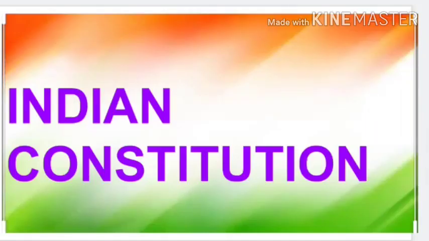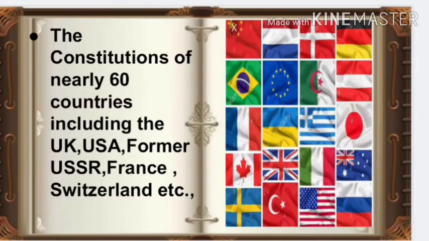Now let's see how they formed the Indian Constitution. The Constitutions of nearly 60 countries including the UK, USA, former USSR, France, Switzerland, etc. were first thoroughly observed and their best features have been adopted by our Constitution.